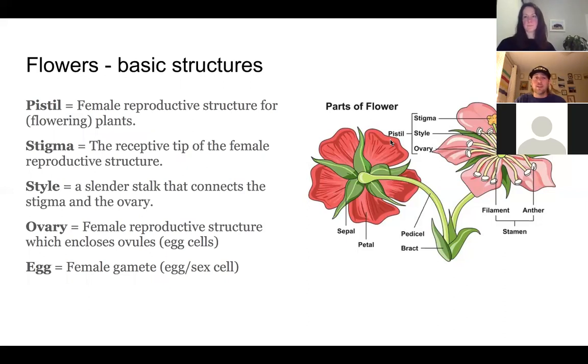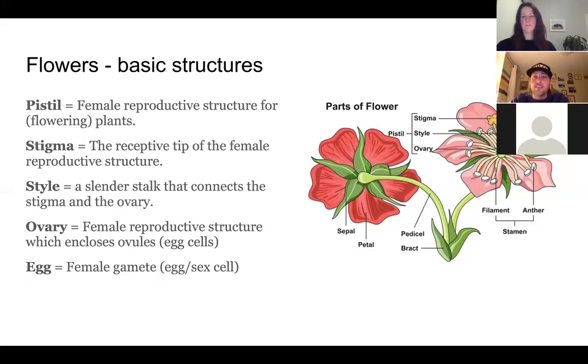The pistil is made up of the stigma, which is at the end. It's a very receptive, sticky surface that wants to receive the pollen from another flower close by, thanks to our pollinators. And it's held upright by the style, which is, again, a slender stalk.